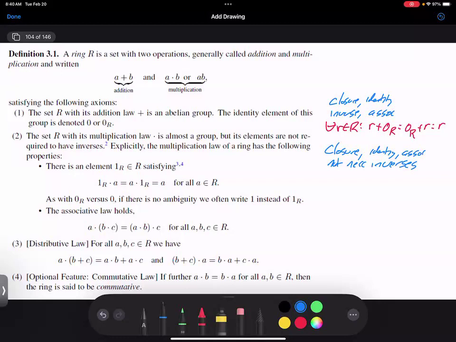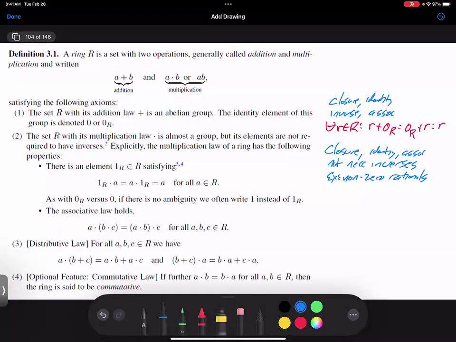So we could do, for example, the non-zero rationals. If you take two non-zero rationals and multiply them, it's a non-zero rational. And is that almost a group? Does it satisfy all the properties but not necessarily inverses? So would the non-zero rationals satisfy all of the properties, closure, identity, associativity, and not necessarily inverses under multiplication? What do you think?